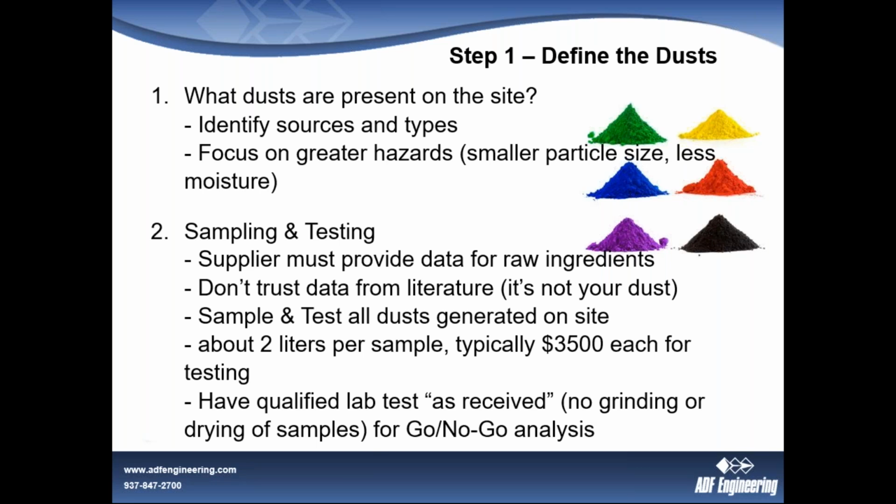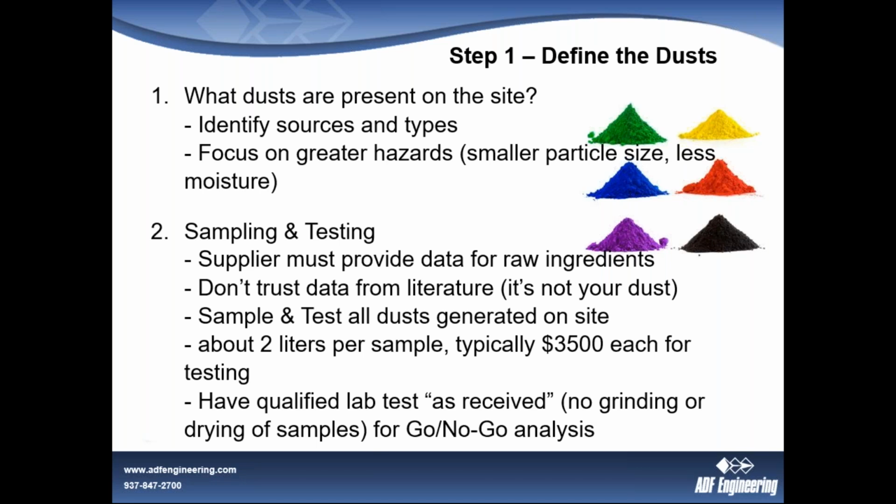You need to have a qualified lab do this. What I mean by this as received comment, there are ASTM standards for this testing that if you don't tell them otherwise, they are going to grind and dry your sample, which means that they're going to take that and turn it into an even greater hazard and then test it.